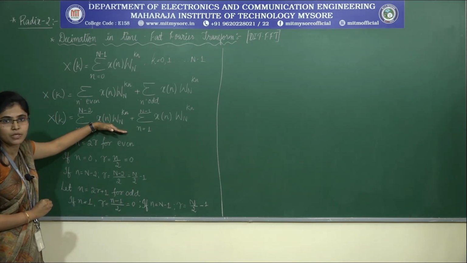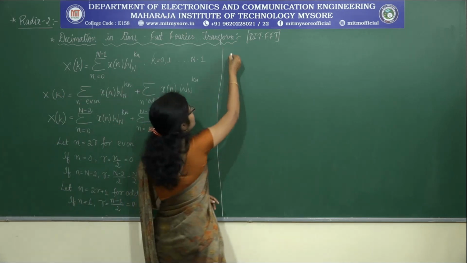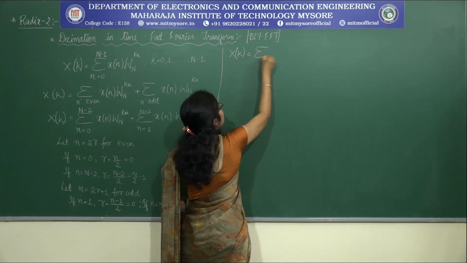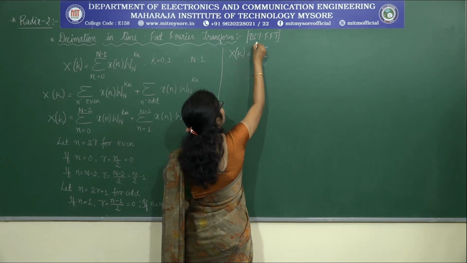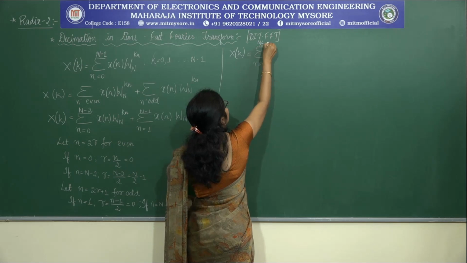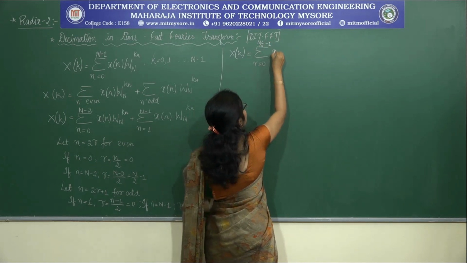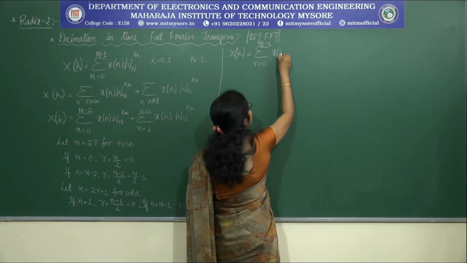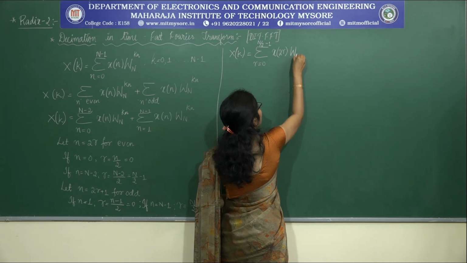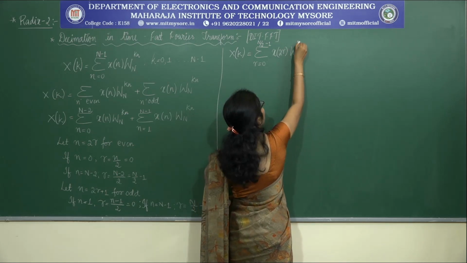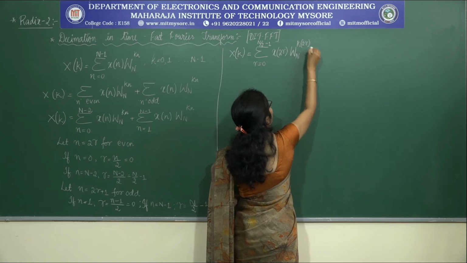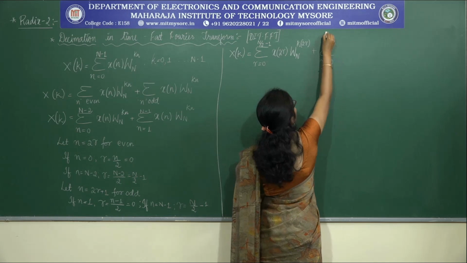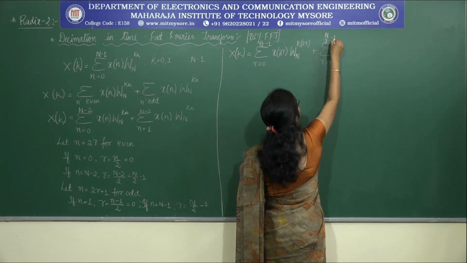Now let us substitute in this particular equation. If I substitute, x of k will be equal to summation r ranges from 0 to n by 2 minus 1 x of, wherever we have n in the first term, replace it with 2r, into omega n to the power of k into 2r, plus summation r ranges from 0 to n by 2 minus 1.